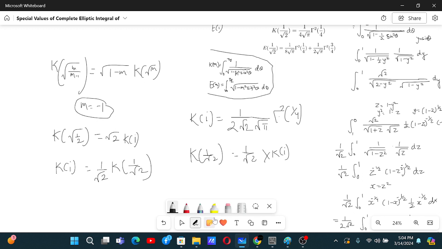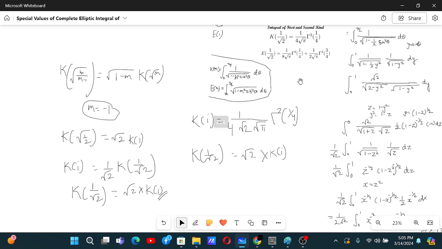Okay, so this was fine. K of I was 1 by 4 root 2. I'm sorry for that, and that's why this is not root 2 over here. It's actually in the numerator. Okay, root 2. Now this looks fine. So now this works. K of 1 by root 2 is equal to root 2 times K of I. Fine, it works. I actually put the wrong value.